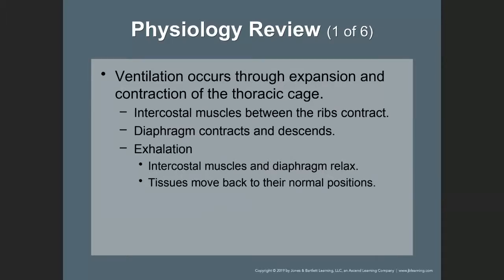The intercostal muscles between the ribs contract and the diaphragm contracts and descends. This is inhalation, so that's negative pressure. Exhalation is the reverse. The intercostal muscles and the diaphragm relax, and tissues move back to their normal position.